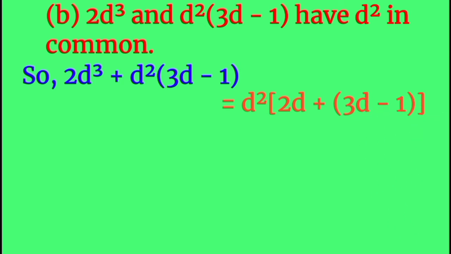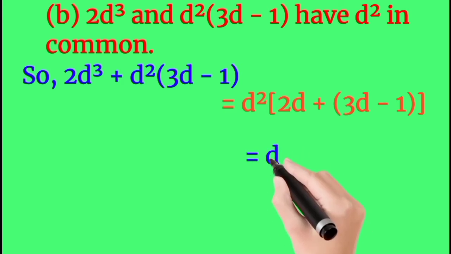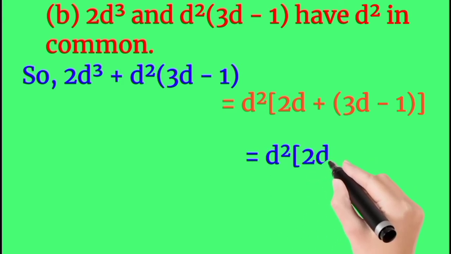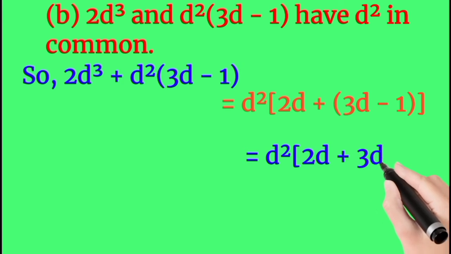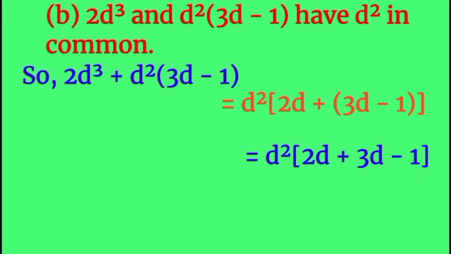You have d squared in the bracket of 2d plus bracket 3d minus 1. So you open the inner bracket and you have d squared in the bracket of 2d plus 3d minus 1. 2d plus 3d will give us 5d. So our final result is d squared in the bracket of 5d minus 1.